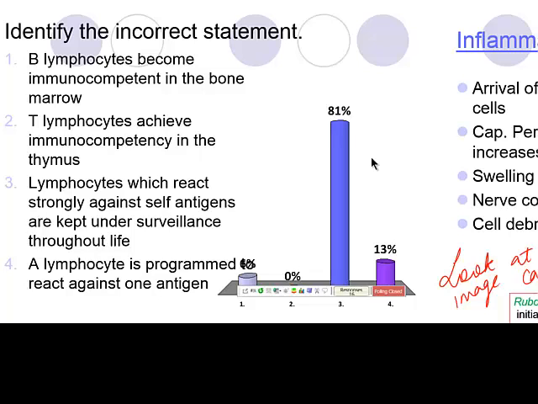You'd much rather kill them off right away, right? I realize I was probably going to be politically incorrect here. So the lymphocytes which react strongly against self-antigens are just killed off. They're not kept under surveillance. It's only those iffy ones which become tolerant and then won't react against self-antigens.